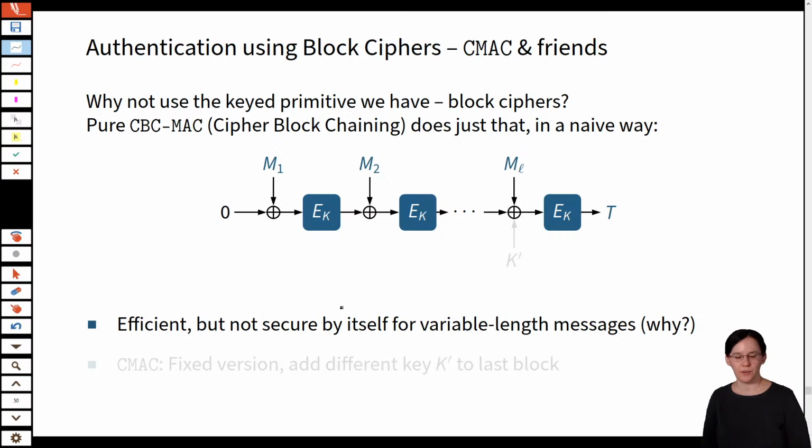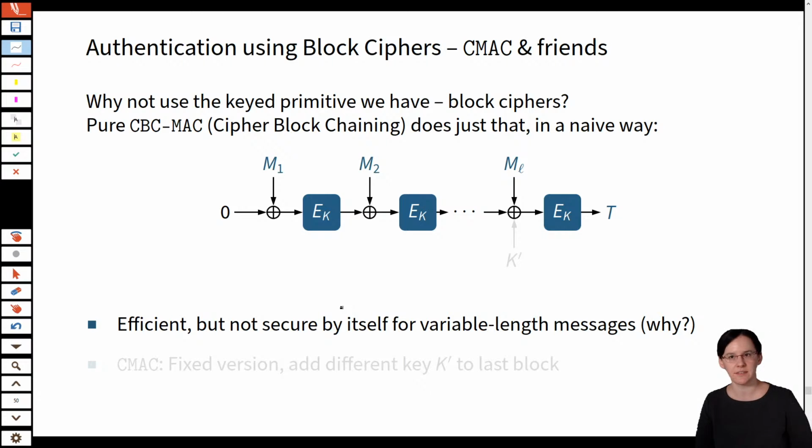What we can also do instead of using an unkeyed scheme and keying it is we can take a keyed primitive from the start. And one of the examples of how you can do this, quite an intuitive example, is the so-called CBC MAC. So you might remember the CBC construction for block ciphers. This was an encryption construction, and CBC is short for cipher block chaining.